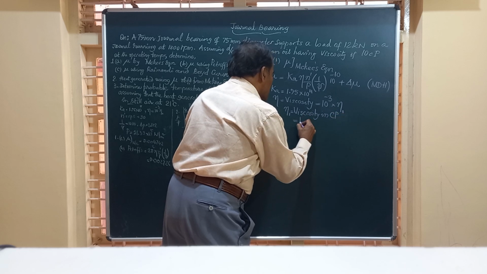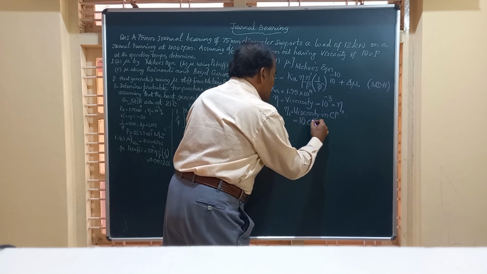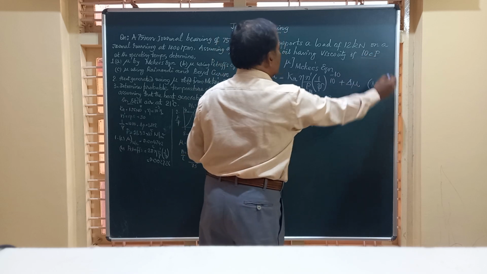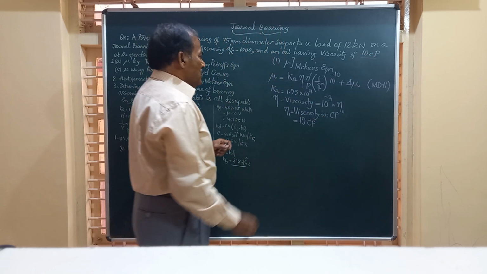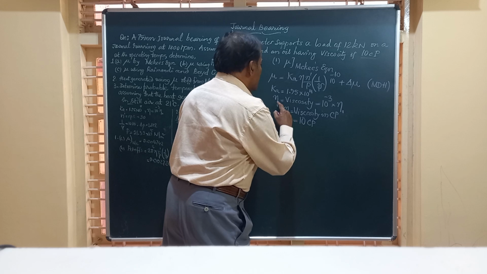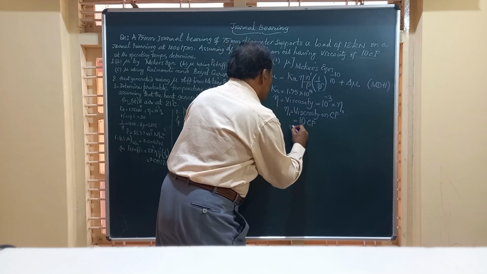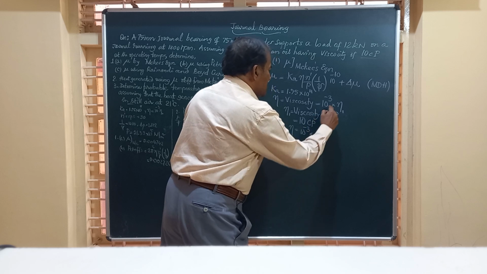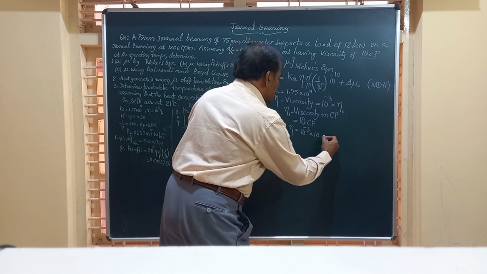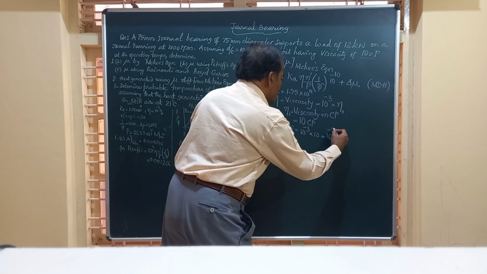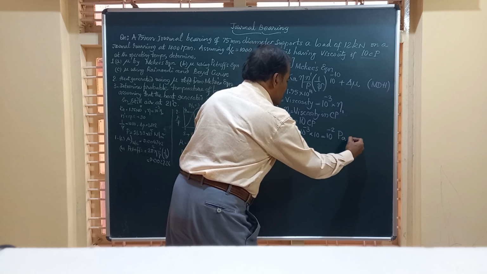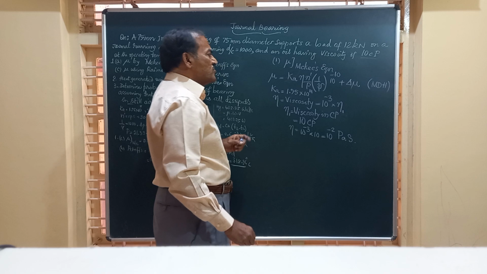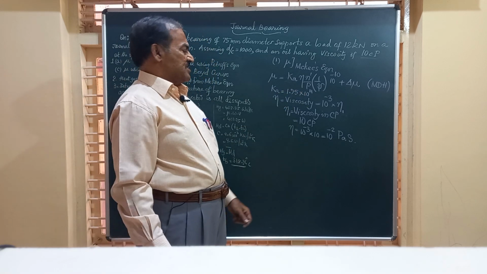And that is given as 10 in the question. It is 10 centipoise. So friends, we will find out what this eta is. Therefore, eta is equal to 10 to the power of minus 3 into this 10, that is 10 to the power of minus 2 Pascal second.